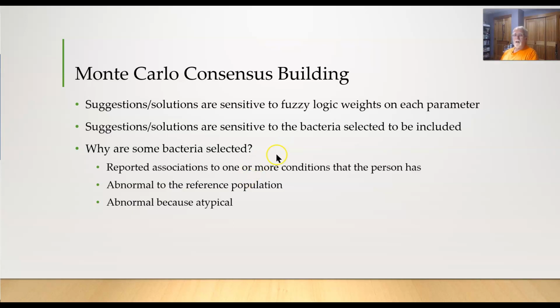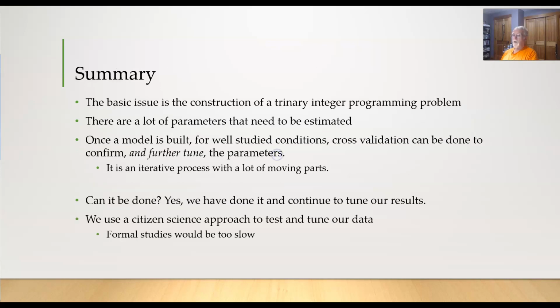Okay, if you love numbers, it's an enjoyable problem. If you don't like numbers, it's a good headache. So, summary: the basic issue is construction of a trinary integer programming problem. The number of rows and number of columns gets significant. You have lots of parameters to be estimated.